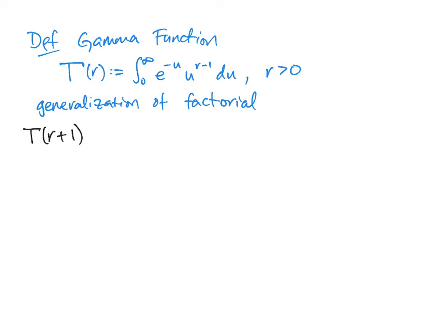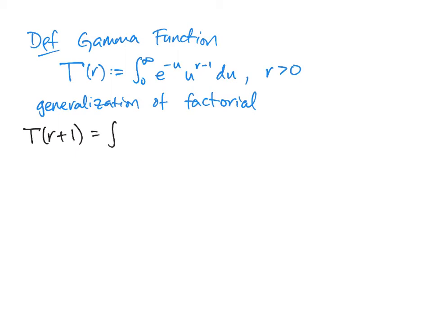Because the nice thing about factorial is that you can define factorial by saying it's all the integers multiplied together, all the integers from 1 to n. But if you want to know what n plus 1 factorial is, it's just n plus 1 times n factorial, right? So same thing here, we care about what is happening to gamma of r plus 1.